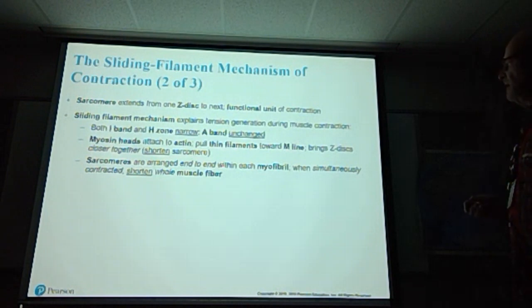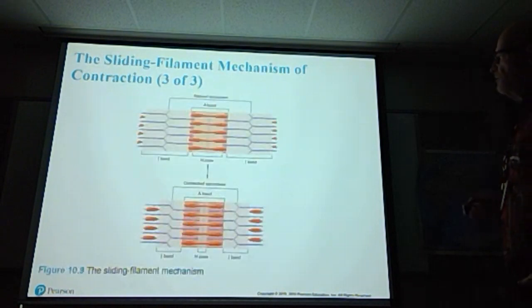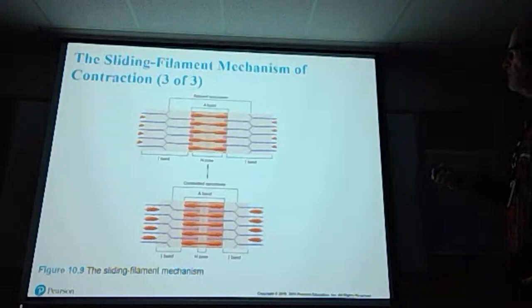Sarcomeres are arranged end to end within each myofibril. When simultaneously contracted, they shorten the whole muscle fiber. And there you see, this is the A band. The A band itself is still the same size, but look closely at this area right here, pictured by the dark red.